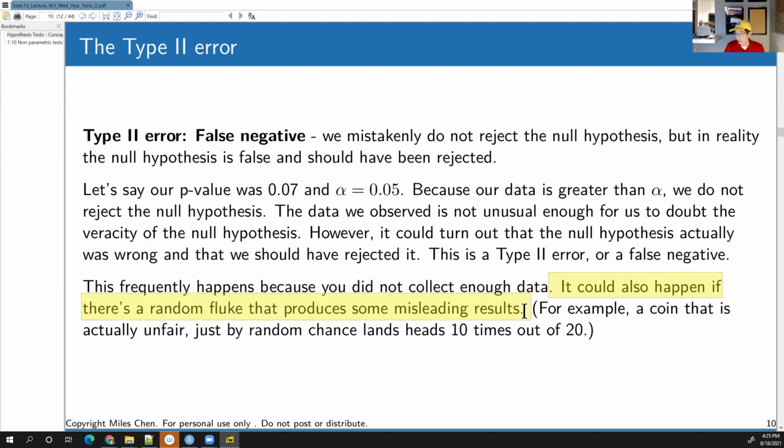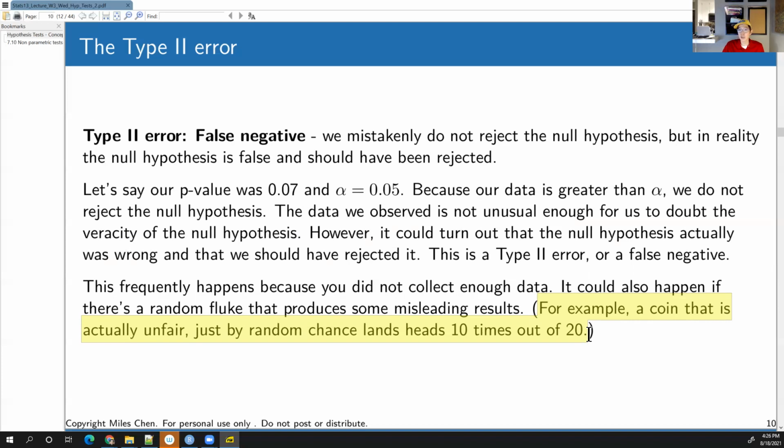So for example, you could actually have a coin that's unfair, right? Maybe long-term it lands heads more often than tails. But then when you flipped it 20 times, maybe just by random chance, you happen to get 10 heads out of 20. And you go, oh, 10 heads out of 20, that sure seems like a fair coin. So I'm not going to reject the null hypothesis.